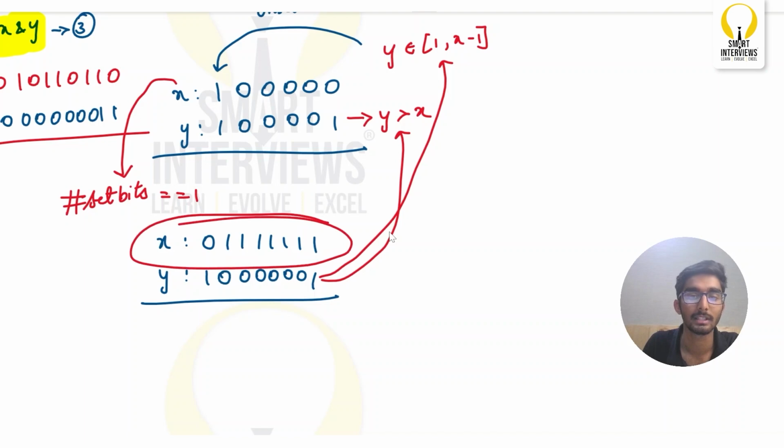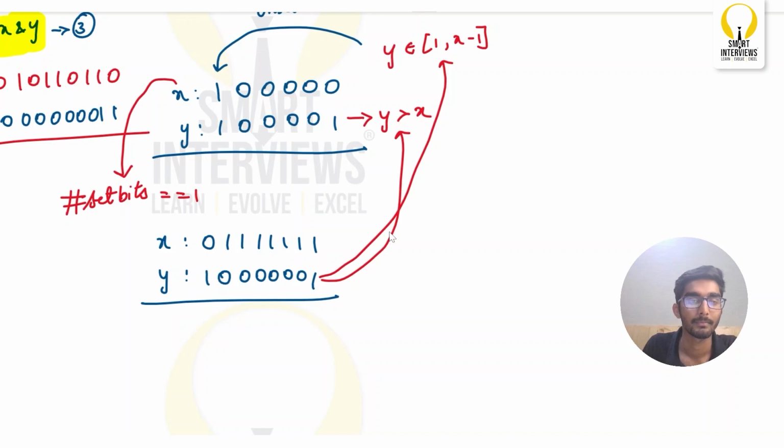So how can we write this x? We can simply say this is of the form 2 power x minus 1.